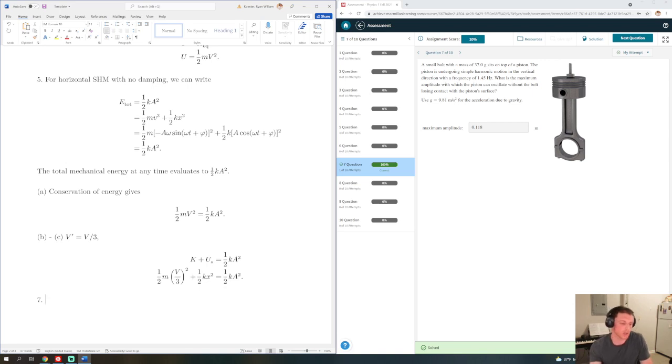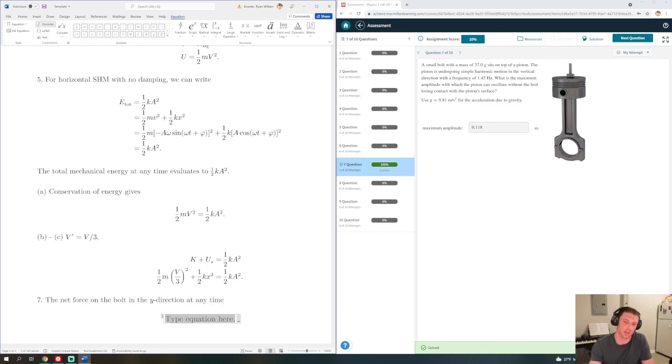So here, the net force on the bolt in the y direction at any time is going to look like this.